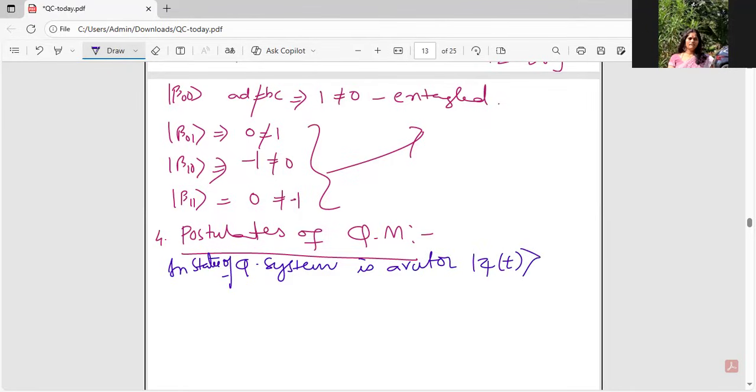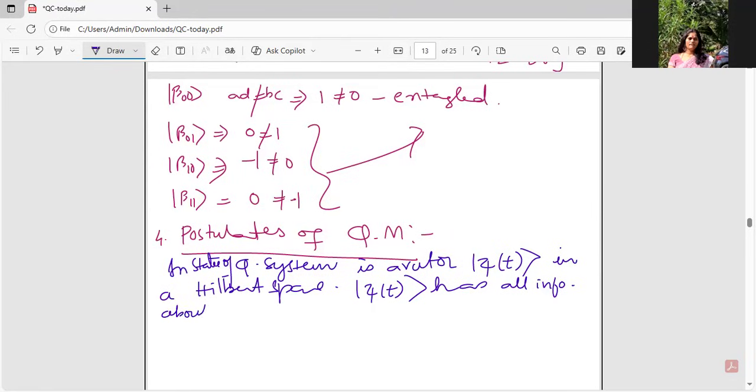I am writing t because it can vary as well, it need not be a constant always. It lies in a Hilbert space. This ket xi of t has all the information about the system at any time t.